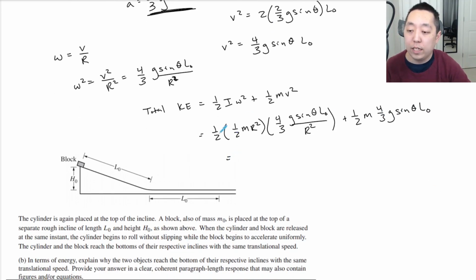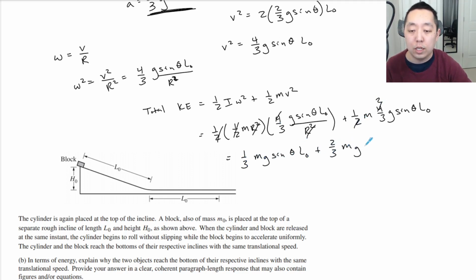So what did I find? This is 1/4, that cancels with that there. The r squared is going to cancel. So I have 1/3 mg sine theta L0, plus the 2 cancels with that, plus 2/3 mg sine theta L0. That adds up to a whole mg sine theta L0.